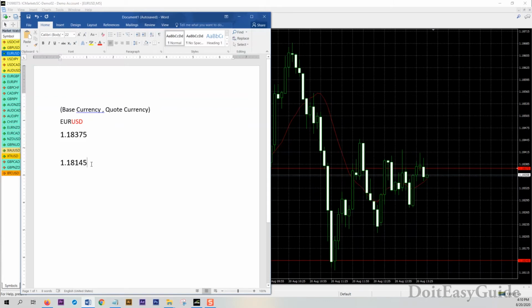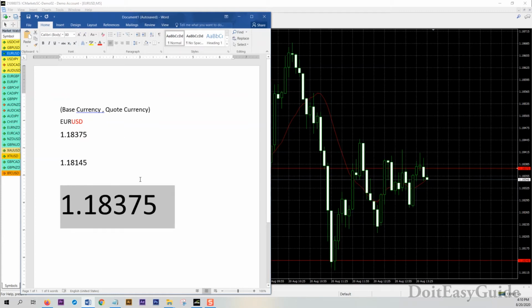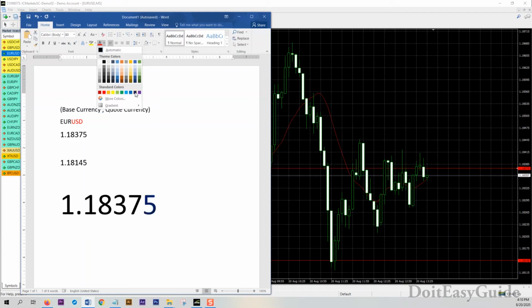So a pip means, if I take this value, I'm going to make it bigger, and I'm going to color this last digit in blue.